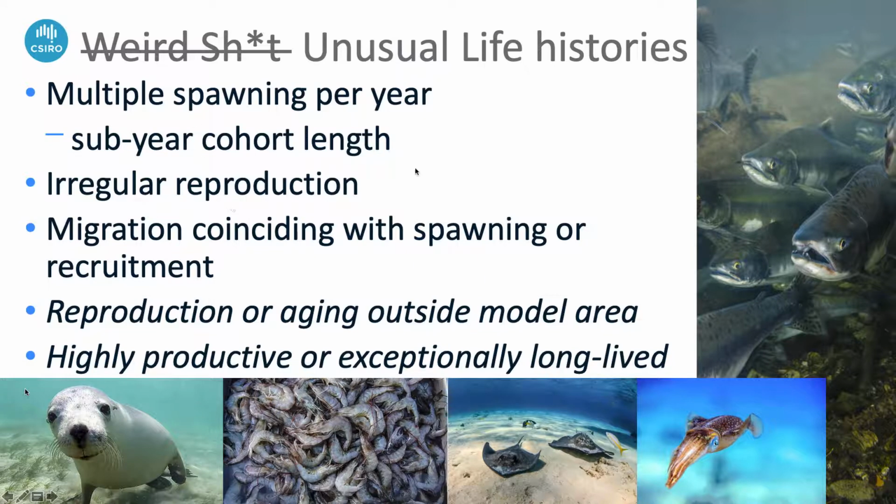So altogether, that allows us to allow for some unusual life histories, as do a few other options that we've included in the model now, like having multiple spawning events per year, which allows for sub-year cohort length, and that's primarily done for squid and prawns. We also allow for irregular reproduction.